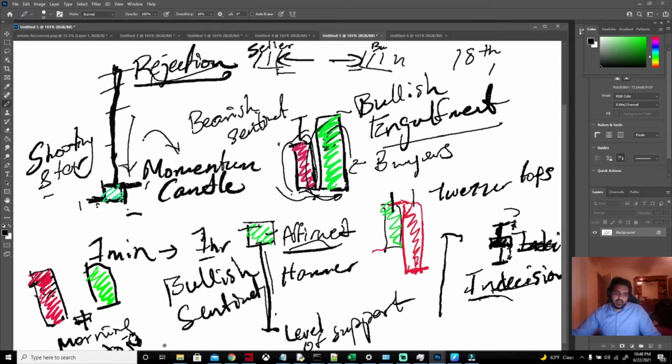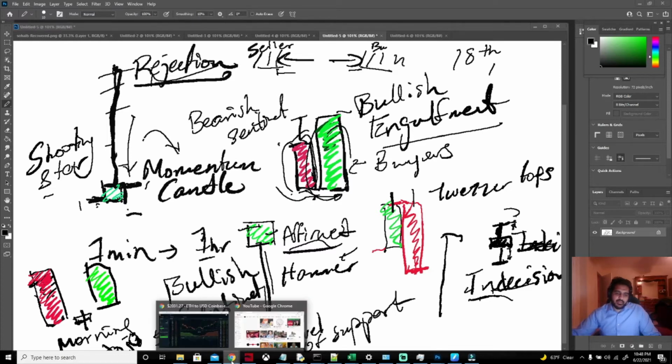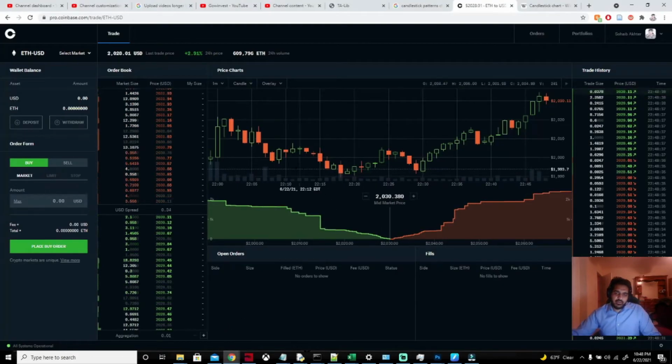So a lot of these doji and whatnot have very Japanese translated kind of names. But these are basically on his thesis. And you're going to see that a lot of people talk about them. We're going to go through an example right now of how it works.